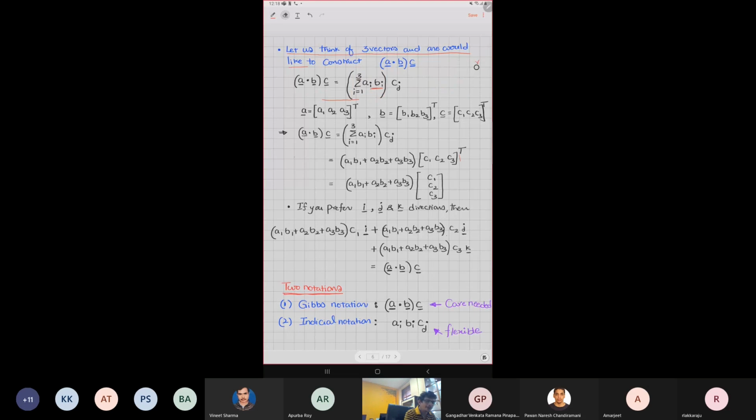So now if you are going to look at that, this is anyway condensed information, a single scalar, three individual scalars. That means I will have summation i equal to 1, 2, 3, a_i b_i multiplied by c1, summation i equal to 1, 2, 3, a_i b_i c2, summation i equal to 1, 2, 3, a_i b_i c3. These are the components that you are going to get.